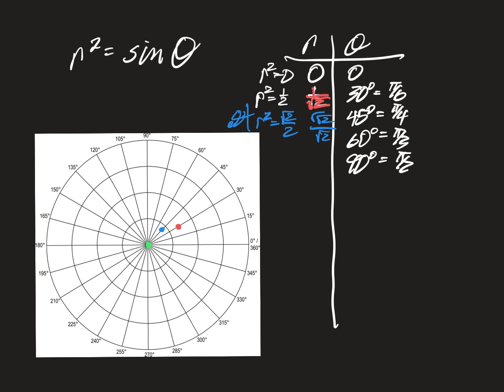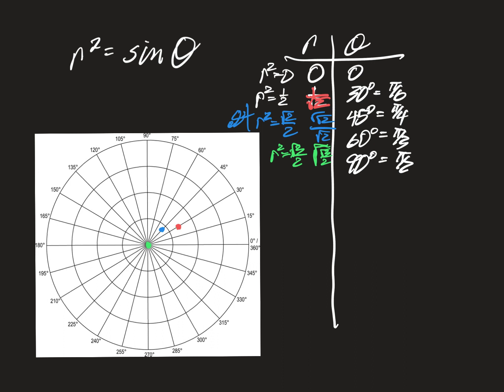And then we go pi over 3, which is square root of 3 over 2. So on that one, we get r squared equals square root of 3 over 2, which means r is the square root of the square root of 3 over 2, right? Or the square root of the square root of 3 over the square root of 2.